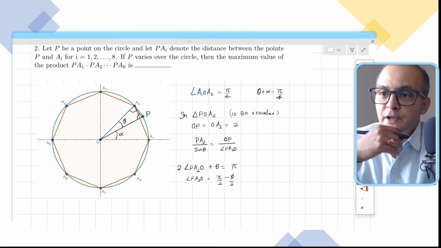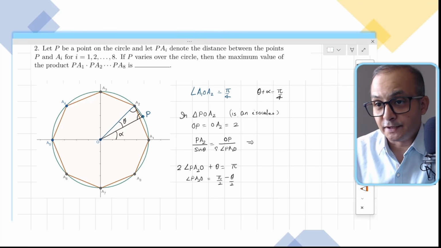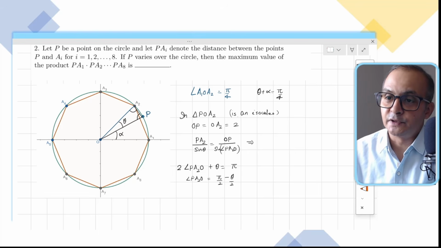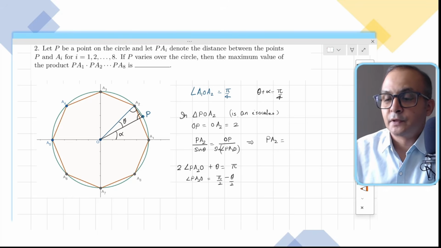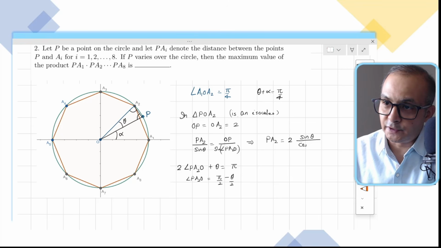All right. Now, from here, by the way, this is the sine of this angle, so please be clear on it. So can I write PA2 as OP, that is 2, times sine theta divided by the sine of pi by 2 minus theta by 2, that is cosine of theta by 2.